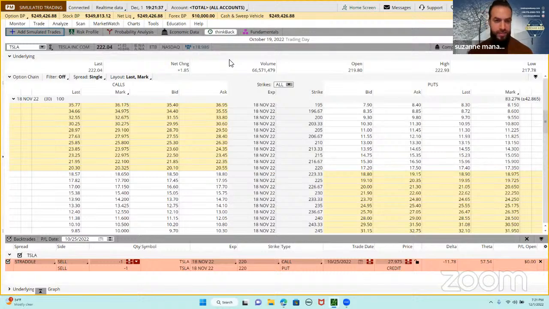And so what that means is if we put that on and price just rockets, like Tesla rockets or crashes in one direction or another, then we're in really big trouble because we're short exponential with an exponential loss where one side is just going to keep on running and running and running. And so there's actually a simple way that we can cap that risk. And when we cap that risk, we essentially turn this trade into an iron butterfly.